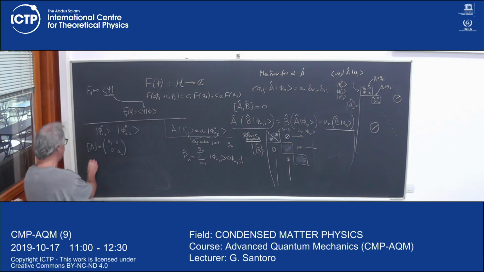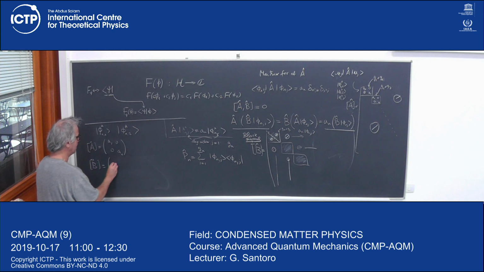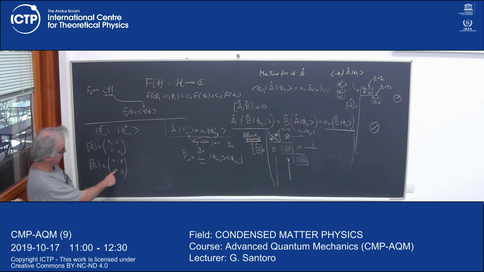The block of B is unfortunately, in general, a full matrix. Let me call the entries x, y, and z, z star. These are real, and these are complex and Hermitian conjugate. Because it must be a Hermitian matrix.